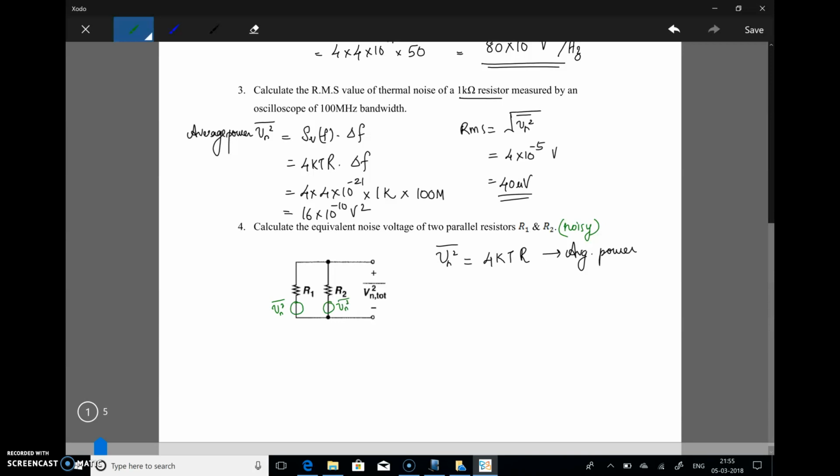Here R is the equivalent resistance of R1 and R2, which is R1 parallel R2. So Vn square bar is equal to 4 kT into R1 parallel R2. Or if you want to express in terms of current, it is 4 kT by R1 parallel R2.